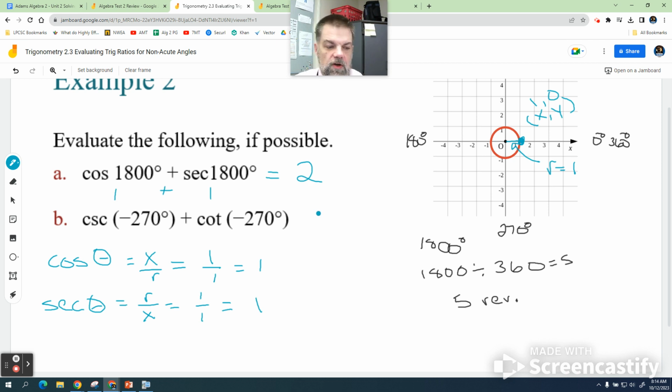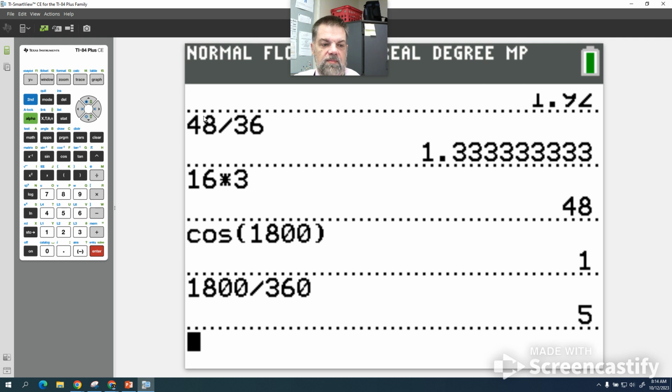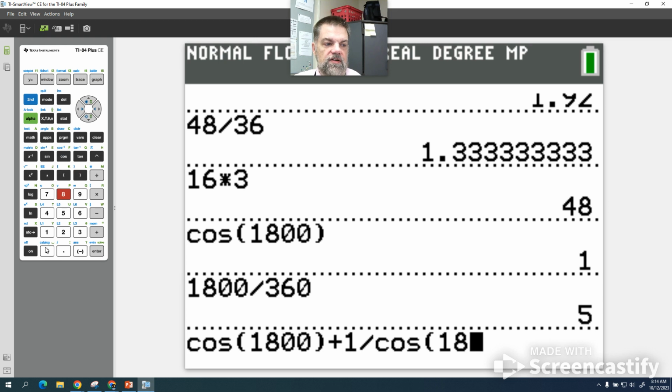Now, unfortunately, we don't have a secant button on our calculator. I keep saying cosecant, it's secant is what we're doing. We don't have a secant button on our calculator, but if I say cosine of 1800 degrees, plus 1 over cosine of 1800 degrees, right?